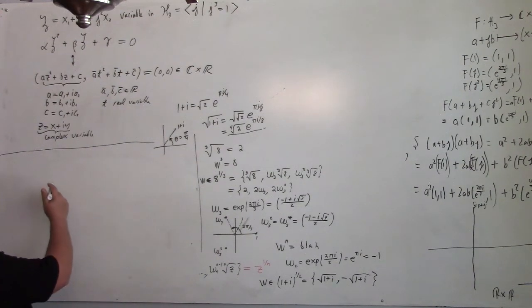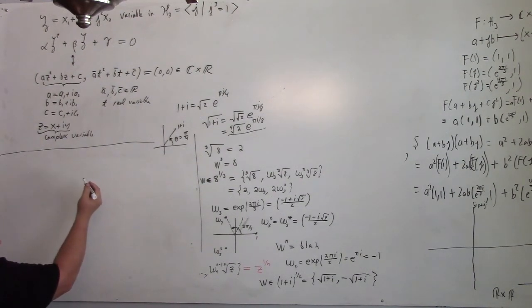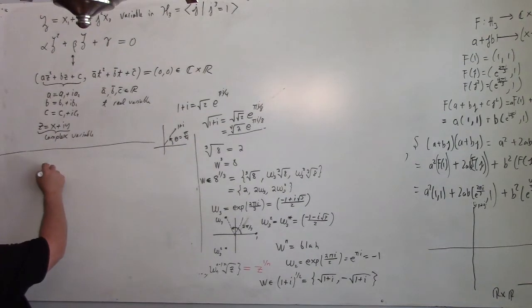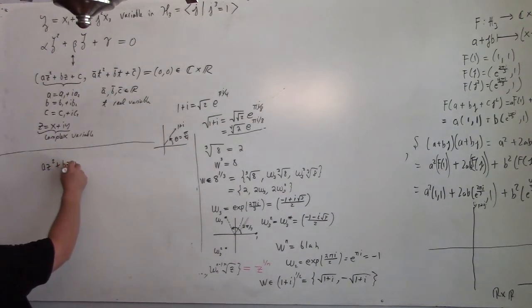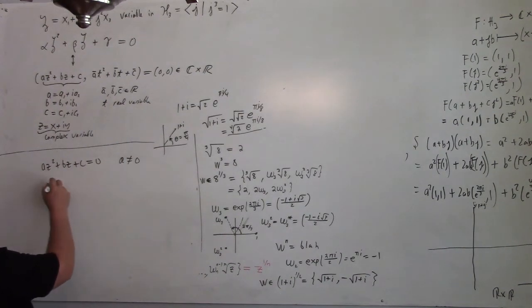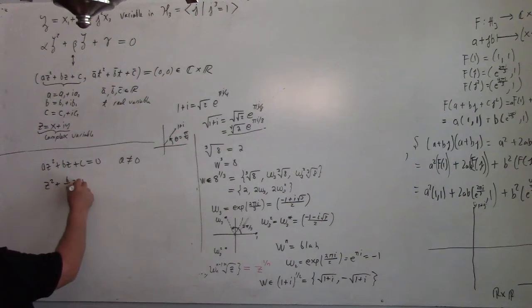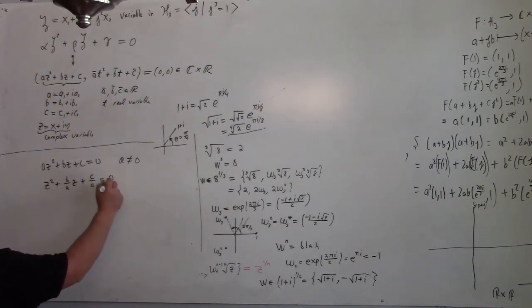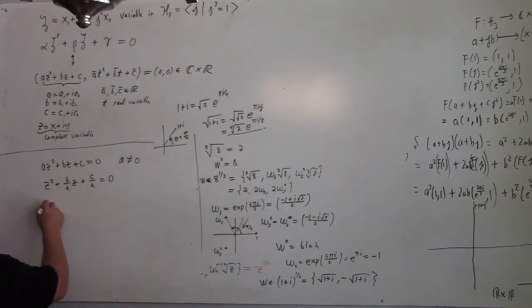Anyway, okay, so complex, we have az squared plus bz plus c, and so this is probably what we saw, right? So if a is not equal to 0, first of all we do z squared plus b over a z plus c over a equal to 0, and then we complete the square.